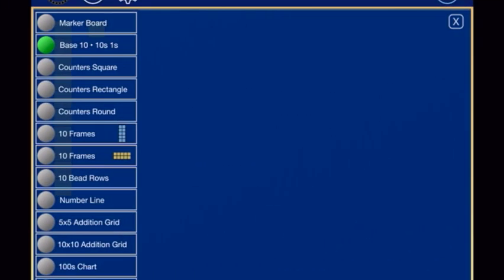That it is easier to move to higher numbers with base 10 blocks than it is with a tens frame or pictures. It is more efficient. So for the first one, you can do single digit because there are ones.